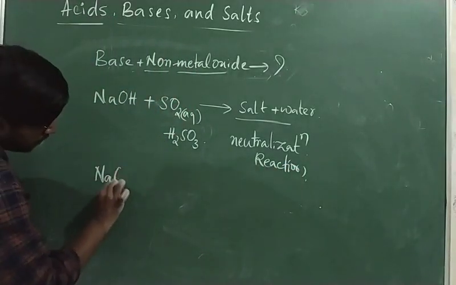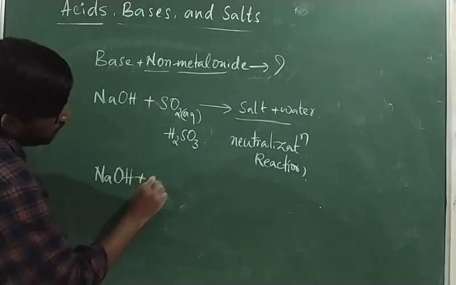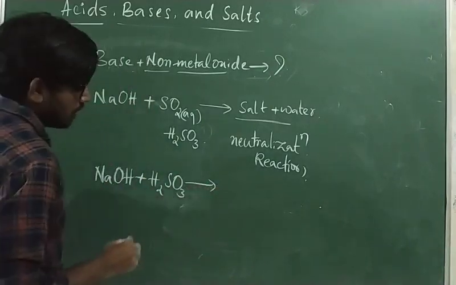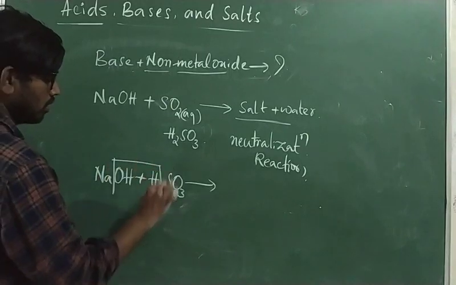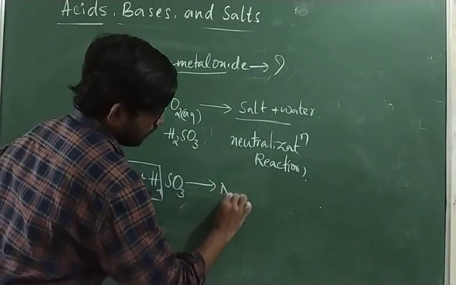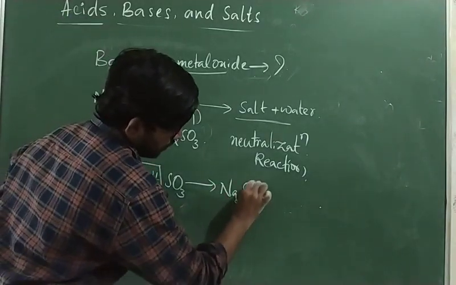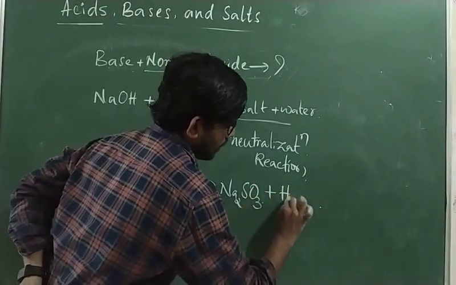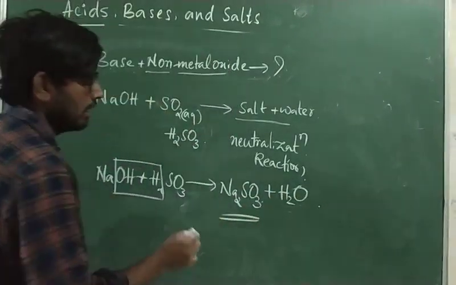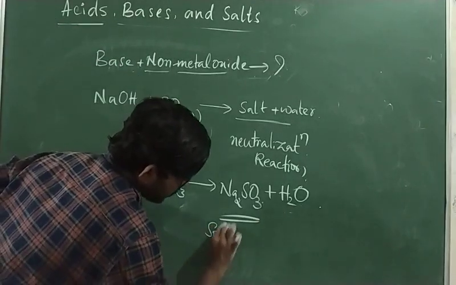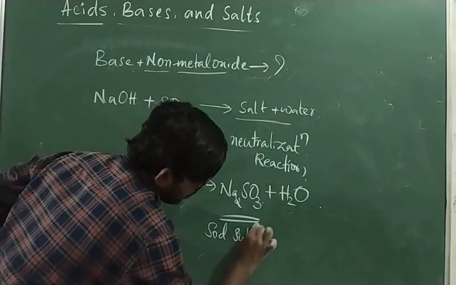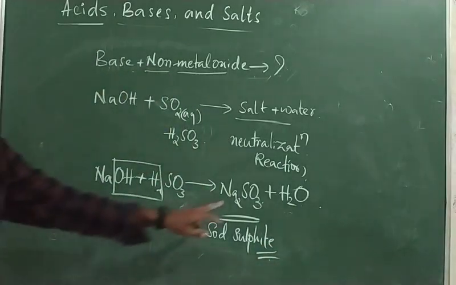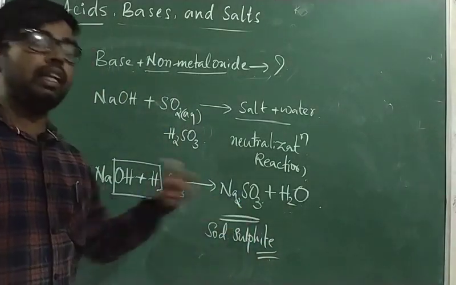NaOH plus H2SO3 gives rise to Na2SO3 plus H2O, sodium sulfite. Remember, it's sodium sulfite. I am saying ITE, not sulfate, not Na2SO4, it is Na2SO3.